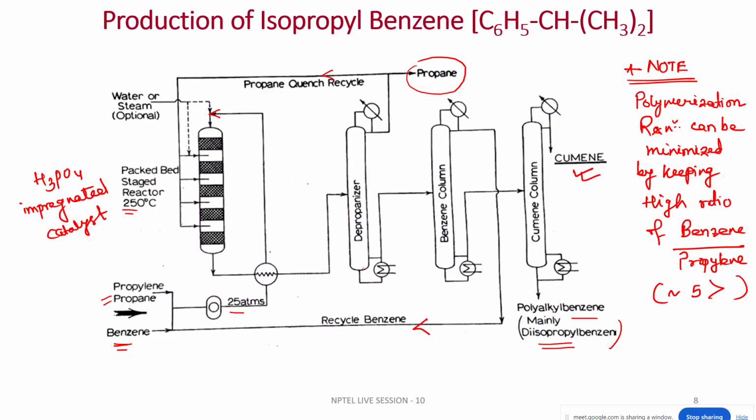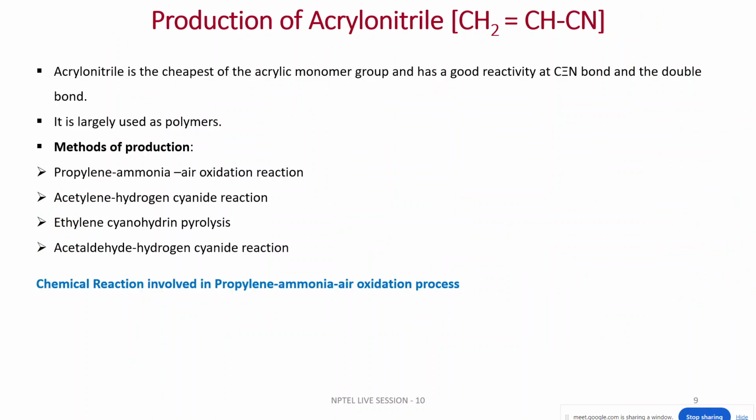So this can be minimized by keeping this high ratio. So that's all regarding the production of isopropyl benzene or cumene.